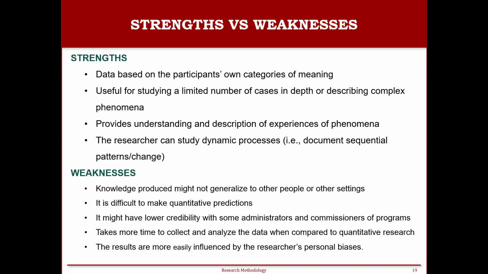So personal bias is another weakness, because the interpretation part, since the observational research involves some subjective interpretation of the data, there is a little risk that the researcher's personal bias may influence how they observe it and how they interpret the behavior and the phenomena.